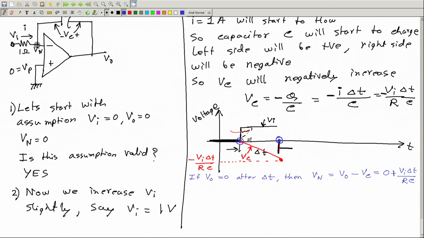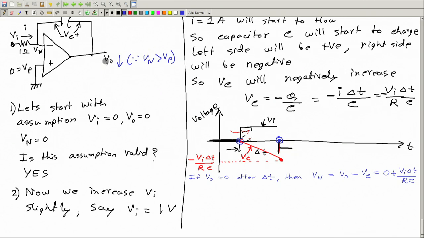Now if Vn is positive, this is greater than Vp. If Vn is greater than Vp, what happens to the output? According to the property of the op amp, the output will go down because Vn is greater than Vp.